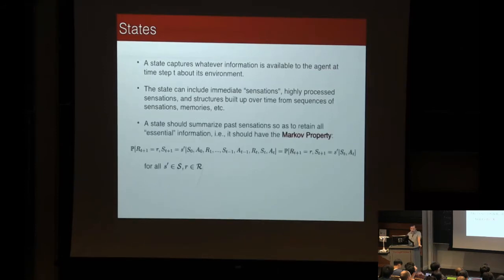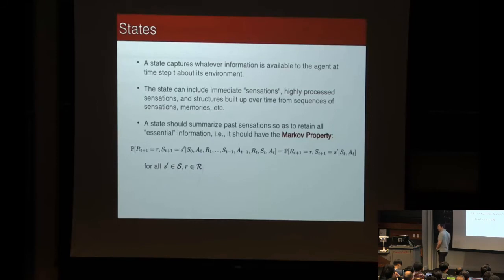And a state should summarize past sensations and retain all essential information. In other words, throughout the rest of the course, we're going to be making the assumption that we have a Markov property, right? So the probability of the reward and the next state, given the entire past history of states, actions and rewards, is just going to be the probability of the reward and next state given the current state and the current action, okay?